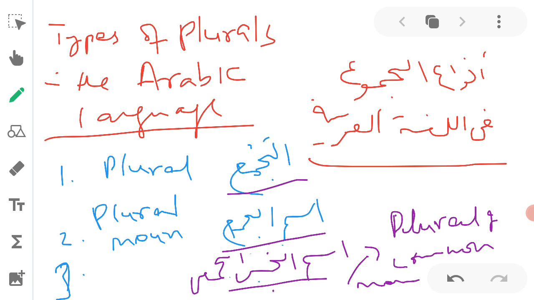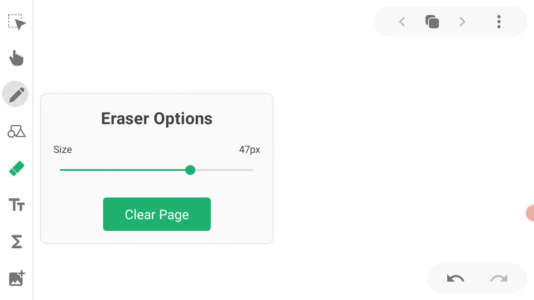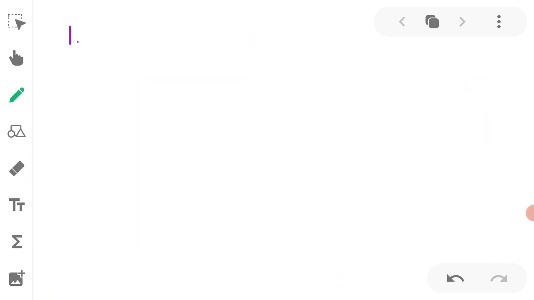So I start with the first one. Just the normal plural, al-jam'. So a plural word in Arabic would be just the unconditional plural if it meets 3 conditions.